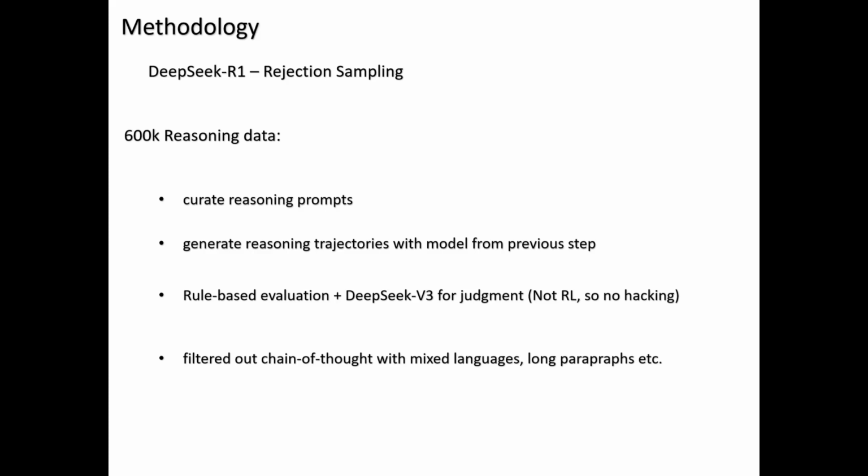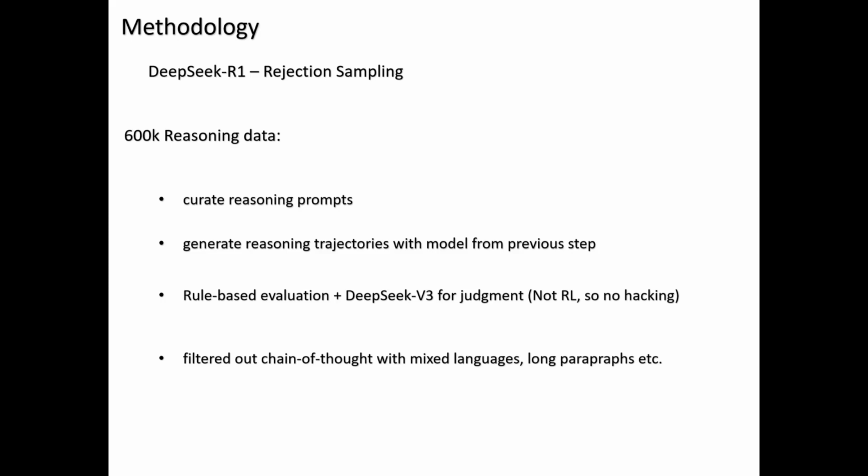And in the second stage of the reinforcement and supervised fine-tuning, they used rejection sampling to curate 600K reasoning data points. They generate reasoning trajectories using the model trained from the previous step, and applied rule-based evaluation and DeepSeek V3 for evaluation.